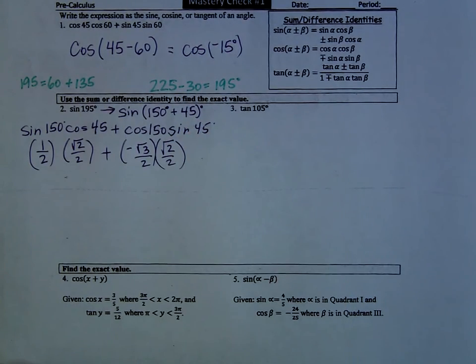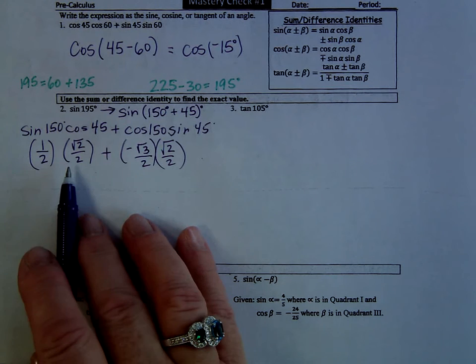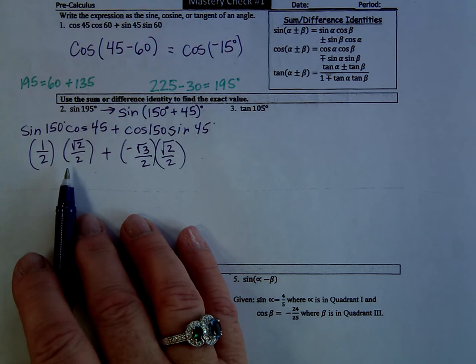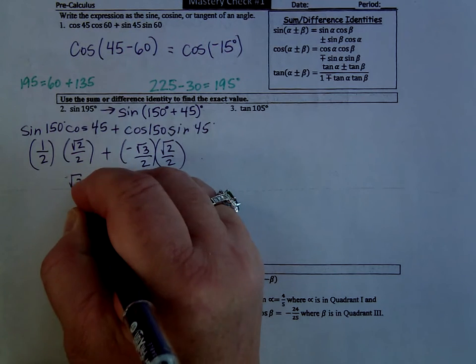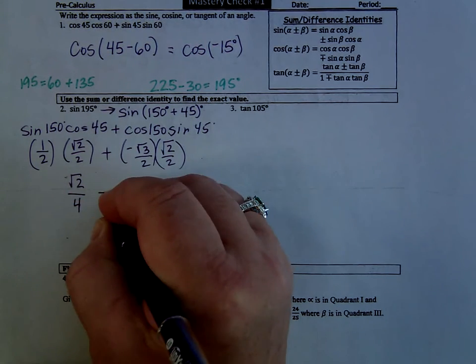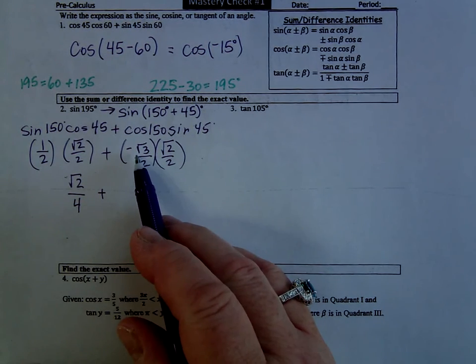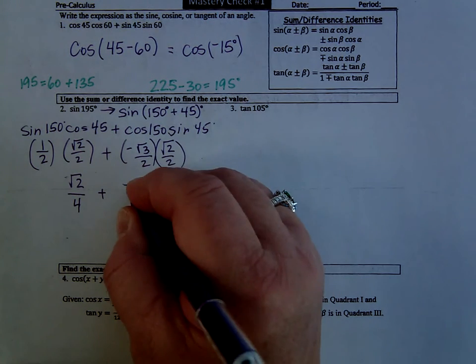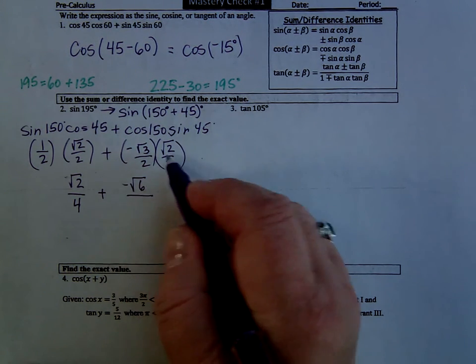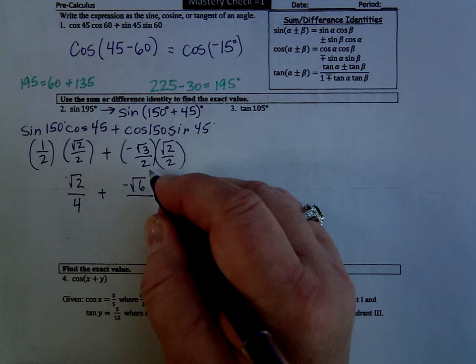And then I do the math, then I do the algebra. I'm multiplying, please excuse my dear Aunt Sally, so I'm multiplying before I add them up. 1 times the square root of 2 on top is the square root of 2. 2 times 2 is 4. Negative square root of 3 times a positive square root of 2 is a negative square root of 6, because they're both inside the root, I can multiply them together. 2 times 2 is 4.